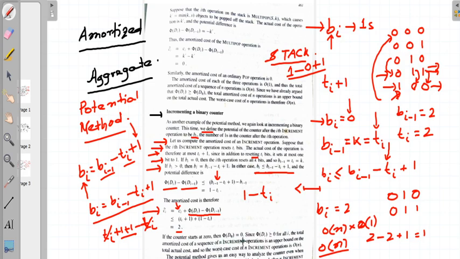Also, it is shown here that if the counter starts at 0, then phi of d0 will be equal to 0.